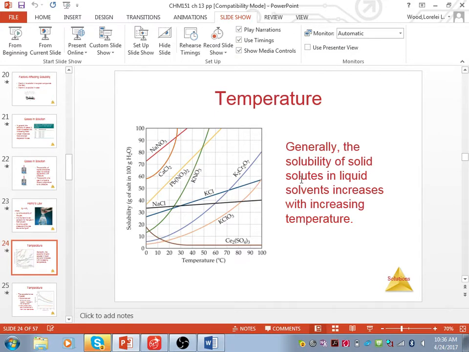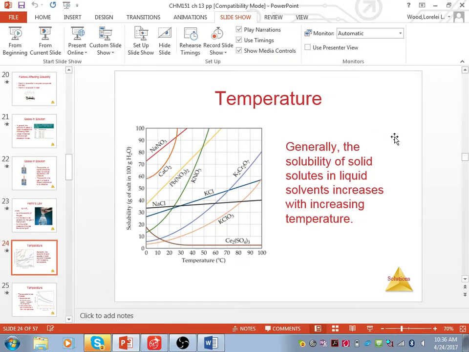How many grams of potassium nitrate could I put in 100 grams of water if the water was 40 degrees Celsius? I gave you the answer, didn't I? There's the 40 degrees Celsius. You move that up to the potassium nitrate line, and it would dissolve about 60 grams.